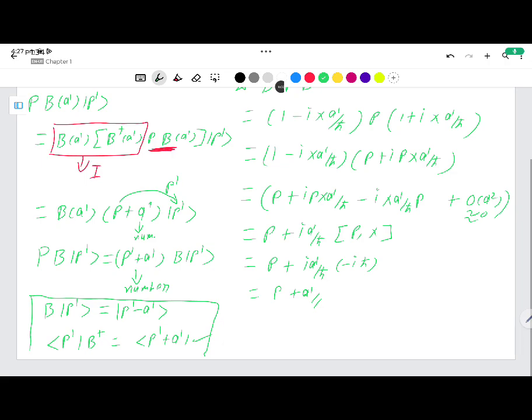Okay, I think I made a slight mistake here. So this suggests that there exists an eigenstate like this. This is P prime minus A prime. So when B operates on P prime, it translates it by some amount of positive A prime, and if we do the reverse, the B dagger, it does the negative translation.